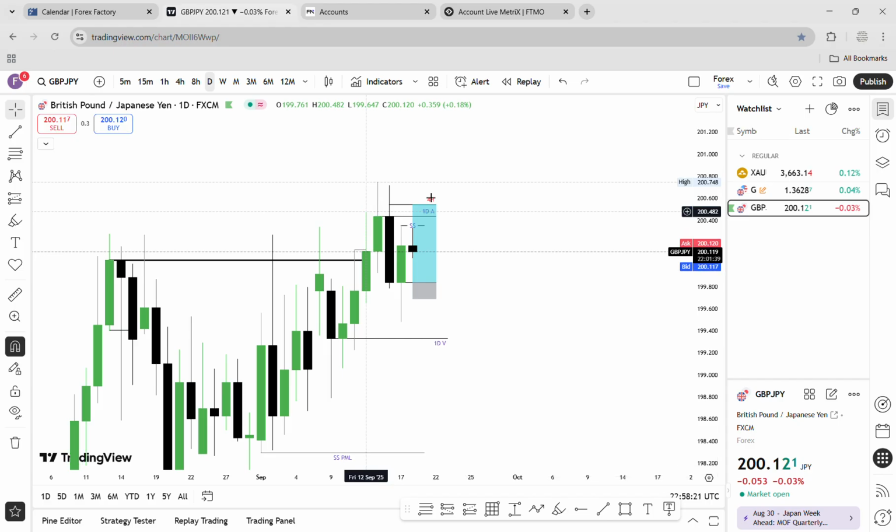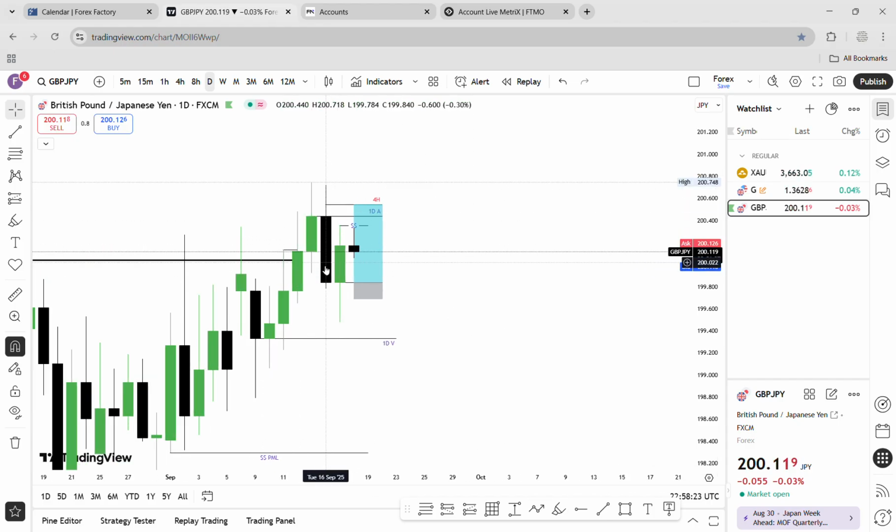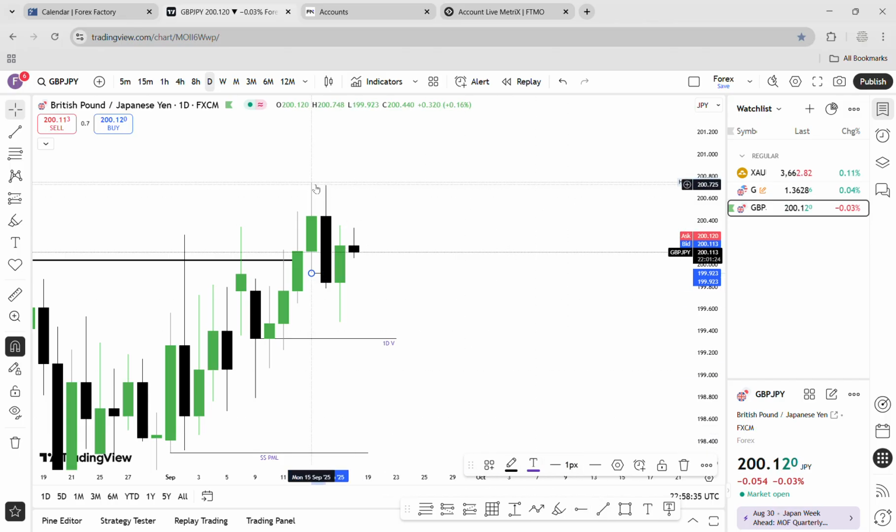Let me take this one to the downside, right? It doesn't matter. You can see this candlestick has closed below this one. So we have a high and we have a low, which means this is a pullback.